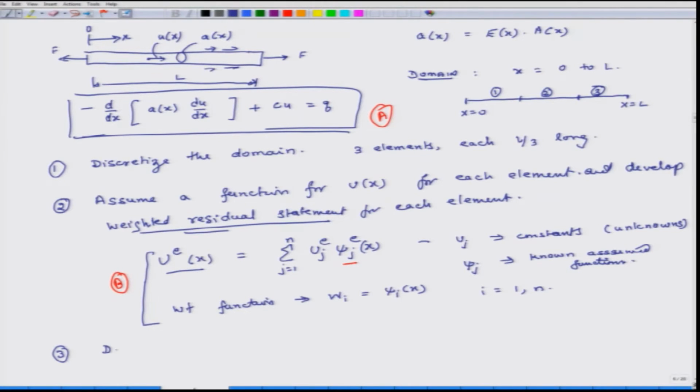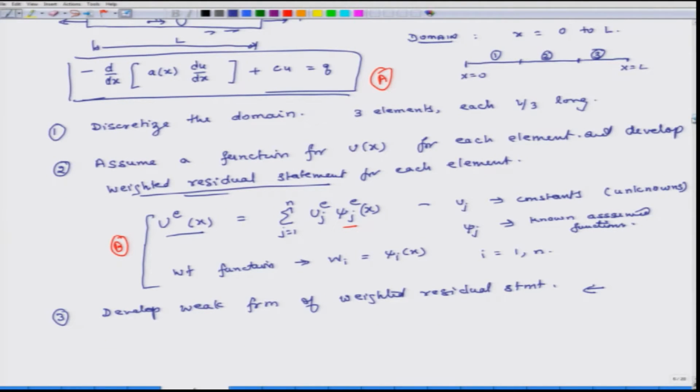So, we will now develop the weak form of the weighted residual statement. This is an additional step because now we are using a weak formulation. So, first we will write the strong form, then we will write the weak form.